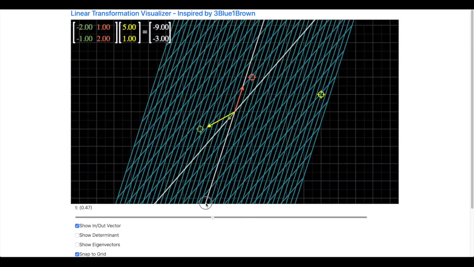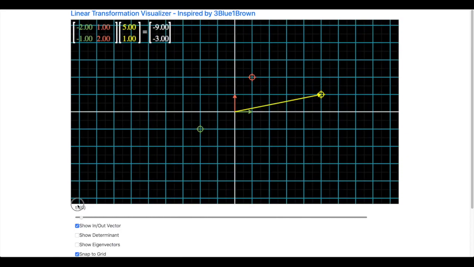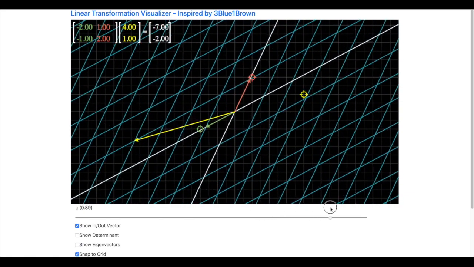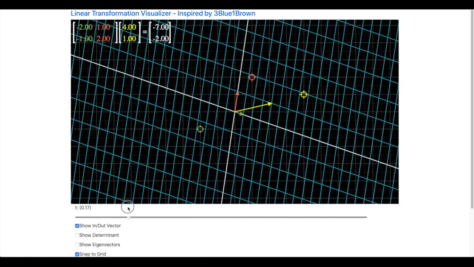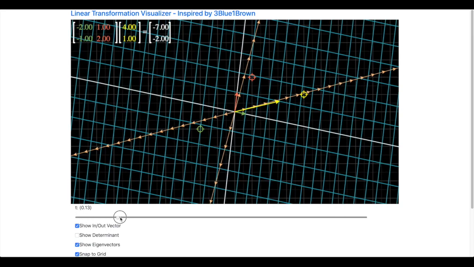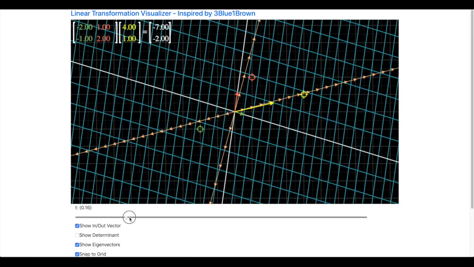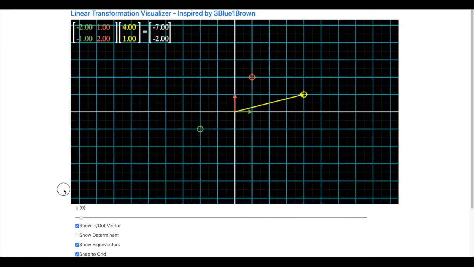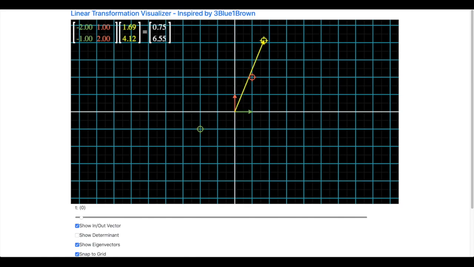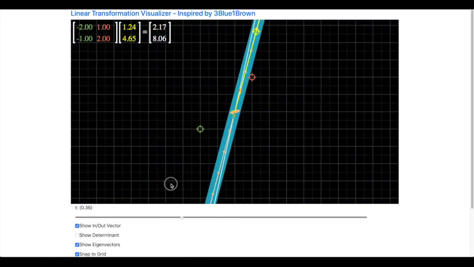And yeah, that's looking better. It gets turned a little bit, but it's pretty close. Maybe try this one. Okay, that's looking really close. Let's just give up and show the eigenvector directions. So we're really close right there, and then there's another direction, sort of here somewhere. It gets preserved.